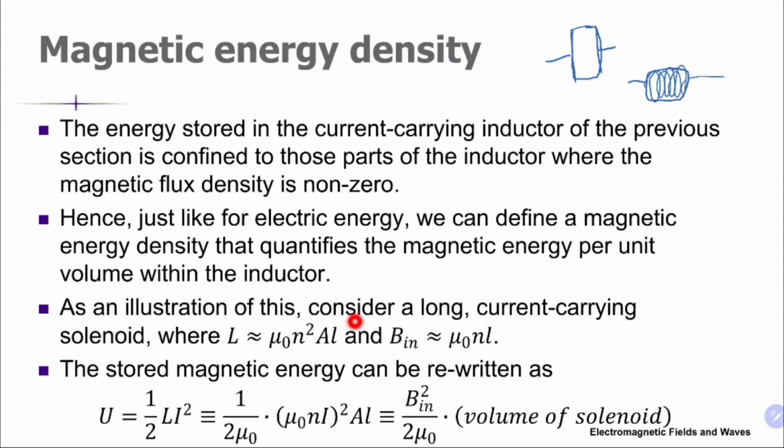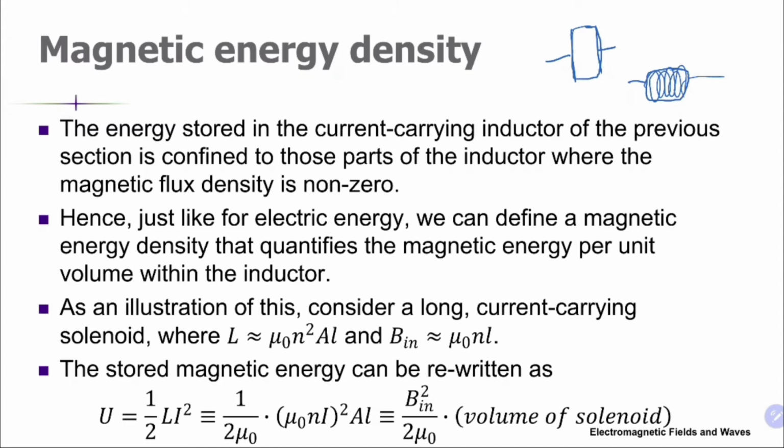Just to illustrate, for a long current carrying solenoid, the inductance is mu naught n squared A times L, and the magnetic flux density inside that solenoid is mu naught n times I. Therefore we can write the stored magnetic energy equals 1 over 2 mu naught times the magnetic flux density squared, and then times the volume.